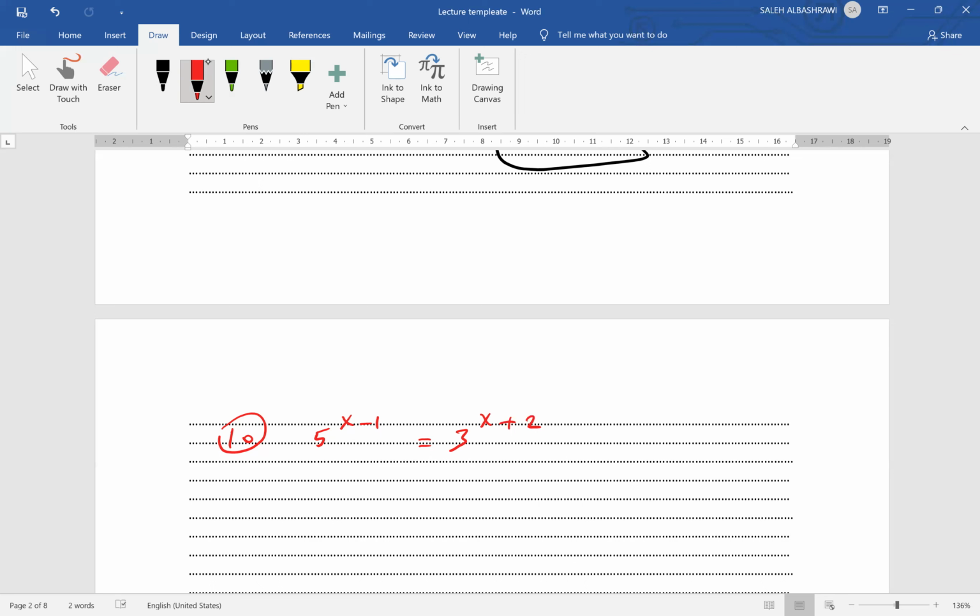Now, I have different bases and different powers. In this case, I'm going to take ln for both sides and solve it normally. I will say that ln of 5 to power x minus 1 equal to ln of 3 to power x plus 2.